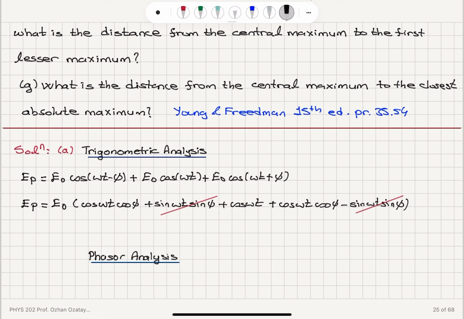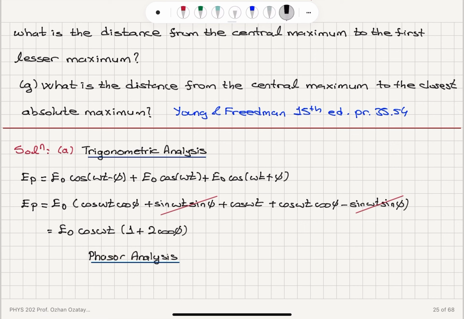So this will give us a total electric field E0 cosine omega t times (1 plus 2 cosine phi). So cosine omega t cosine phi, cosine omega t cosine phi gives us cosine omega t times 2 cosine phi, and we have another cosine omega t here. This gives us 1 plus 2 cosine phi.